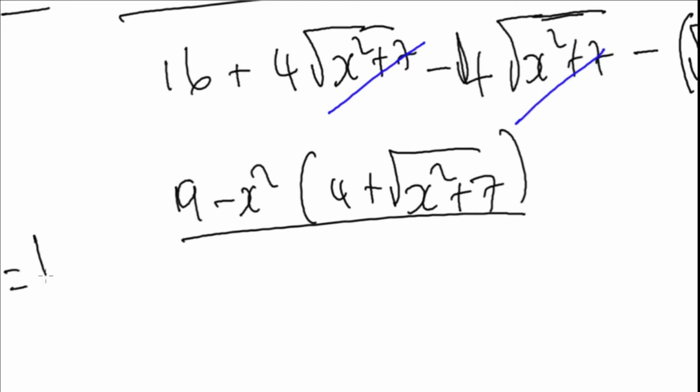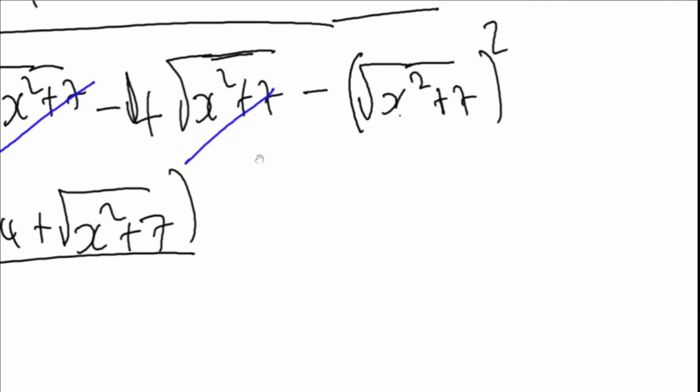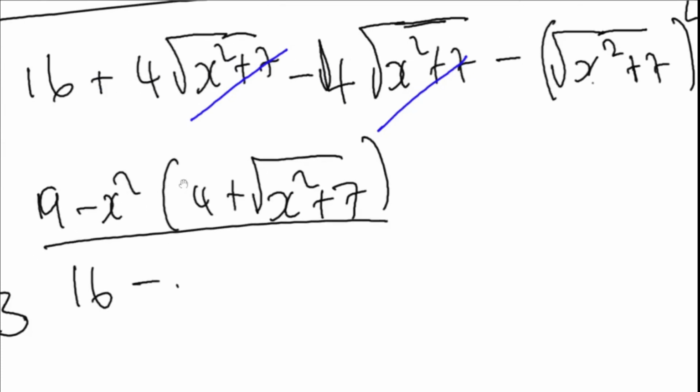So write the limit here as x goes to 3. Let's now copy what remains, so it will be 16 minus, if you see this square root and square, they will cancel, remaining with x squared plus 7.